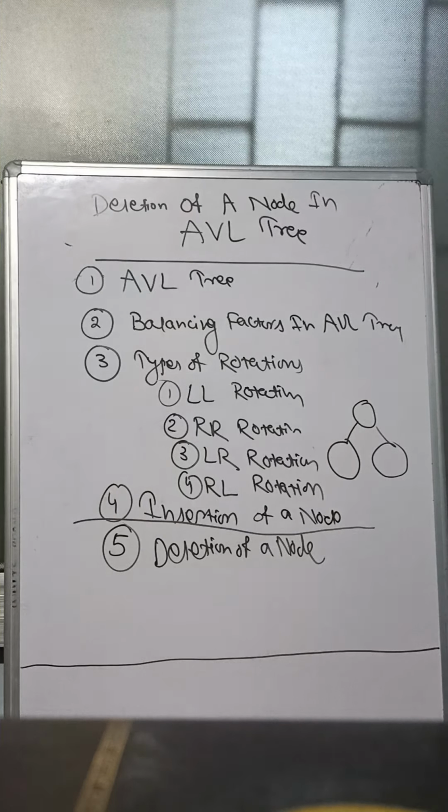So this is 0, this is 0, this is 1. If there is nothing on the right side, the balance factor is 1. Then this is 0, 1, 2, this is 0, minus 1, and 2 and minus 1 differ by 1. This is also balanced.